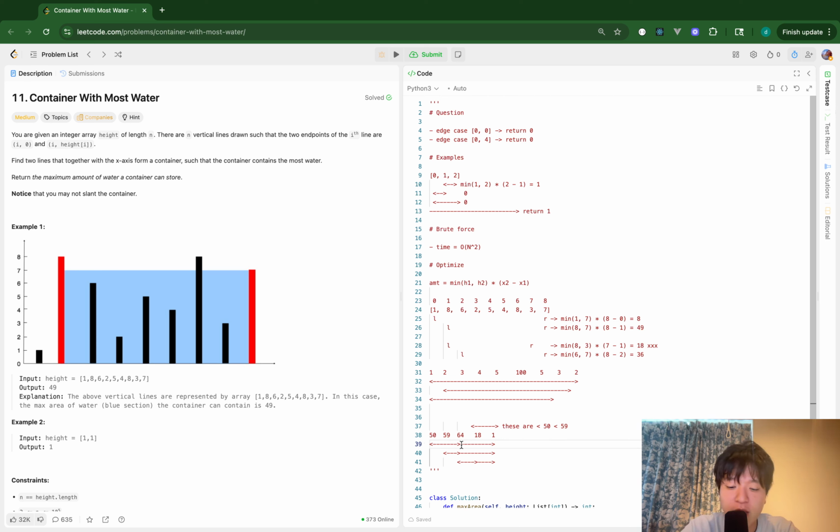So in this range, maybe I can say until this one.